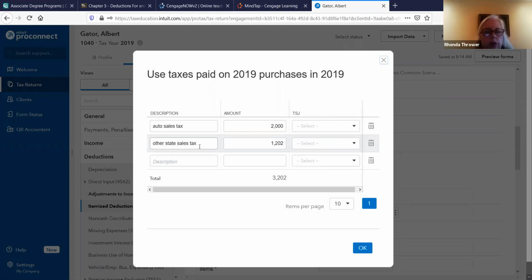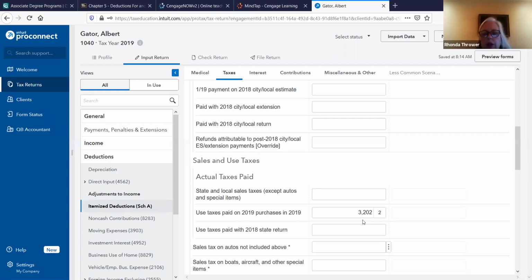And other state sales tax would be 1,202. I got that by subtracting 2,000 from the total amount given at 3,202. So I wanted this total to be 3,202 like they have in your textbook. Click OK. And that's what we would record for our sales tax.